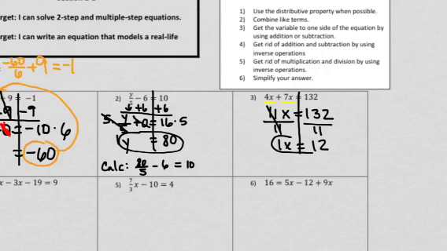So x equals 12 is my answer. To check it, I would type into my calculator 4 times 12 plus 7 times 12, and make sure I'm getting 132. So that's how you would check that problem.